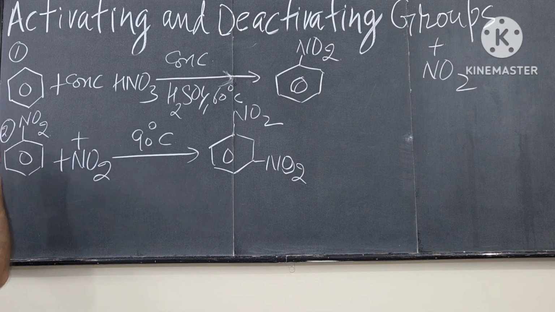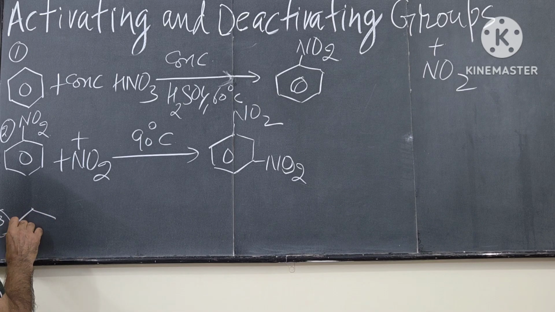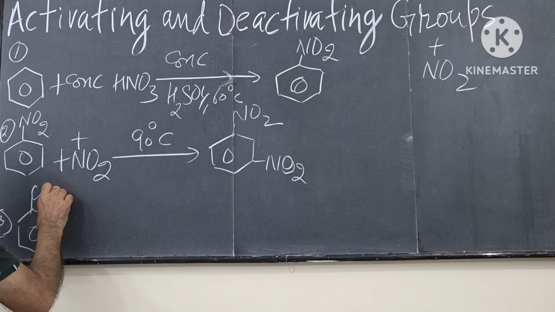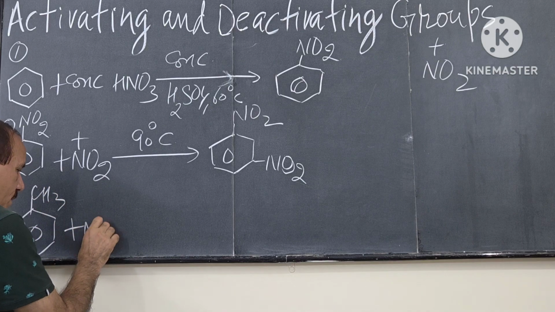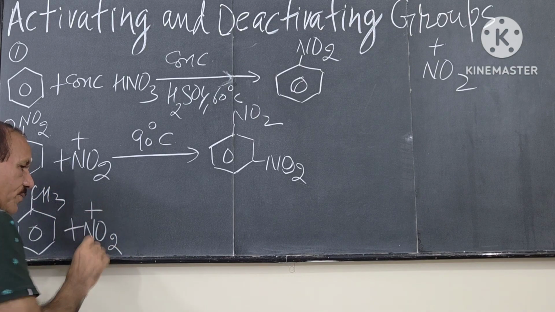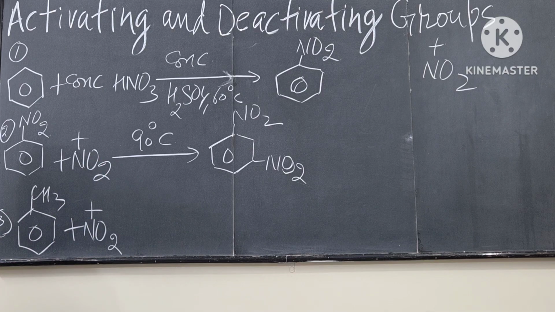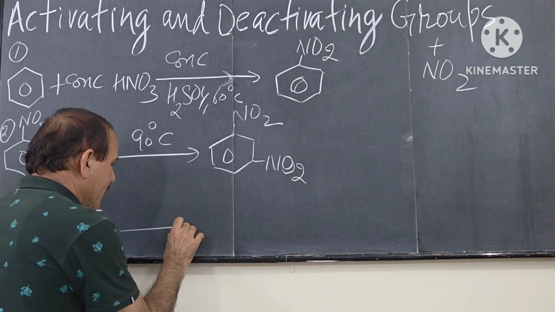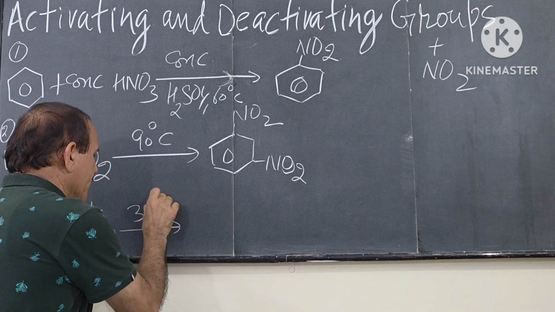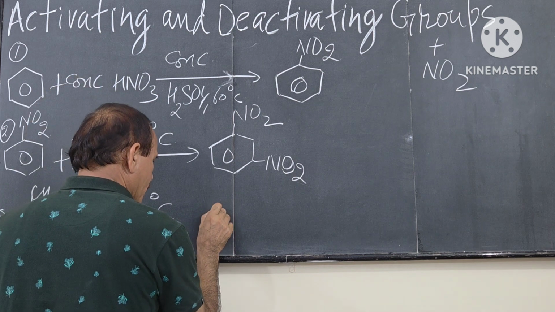Then third reaction. We have the toluene and nitrating mixture, which gives us NO2 positive electrophile, and here the temperature is 30 degrees Celsius. What do we get?